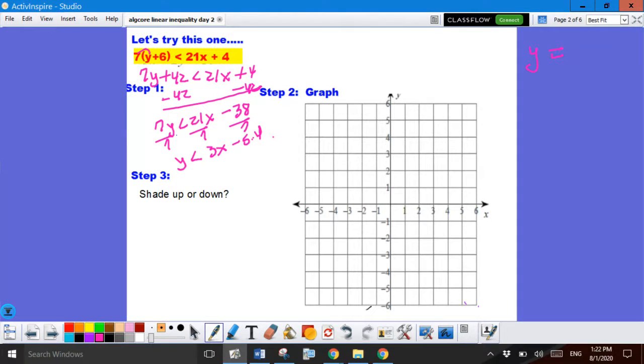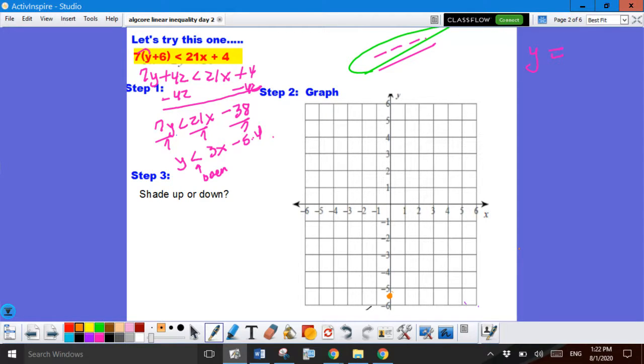Okay, so now let's see if we can graph this. First of all, I need to decide, is it an open line or a closed line? Well, I see that it should be an open circle, so I know that I need to be using that type of line. So negative 5.4 is going to be down here, a little bit more than negative 5.